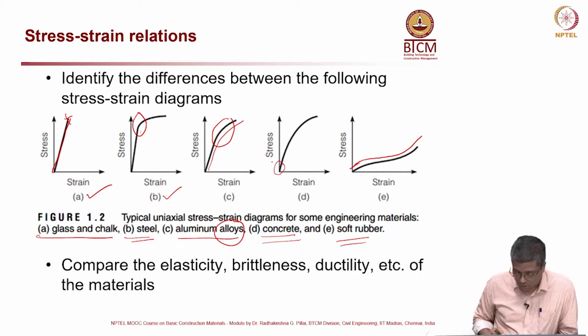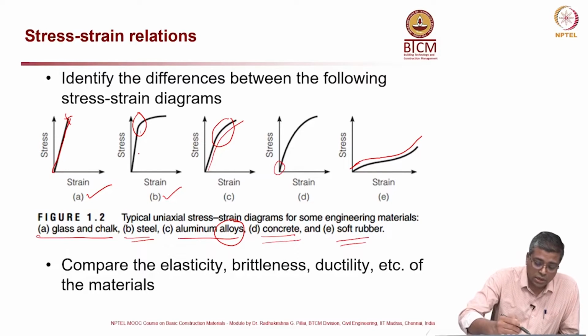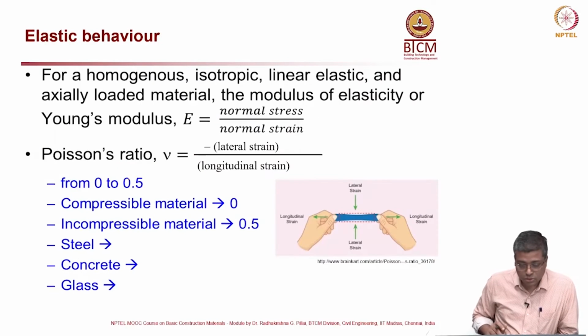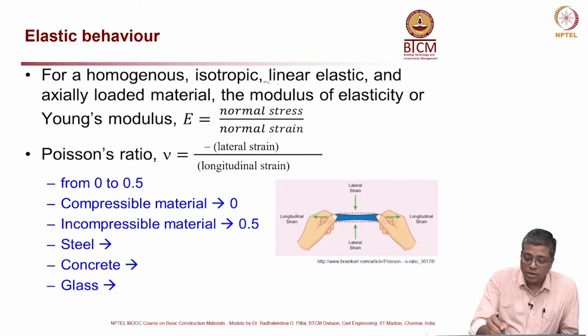So, it is not as homogeneous as steel. In case of steel, you have a very long straight portion. Okay. So, homogeneous and isotropic means same property in all directions, linear elastic, linear, okay, and axially loaded material.